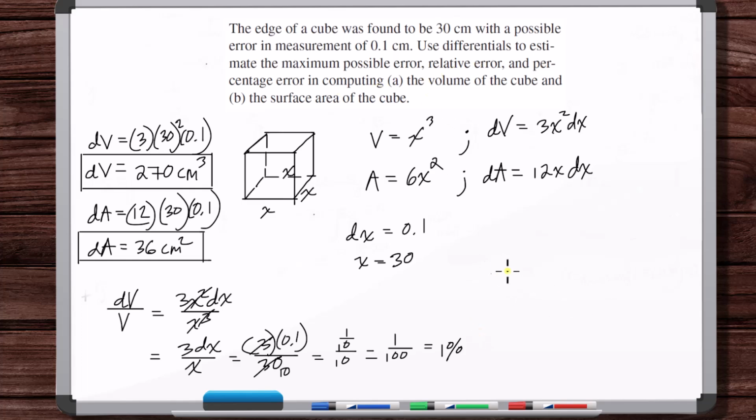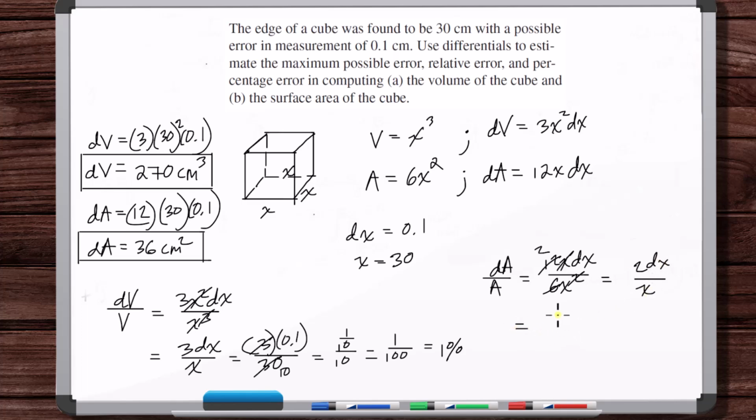Now, if we do dA over A, with 6x squared in the denominator, we get 2dx over x.